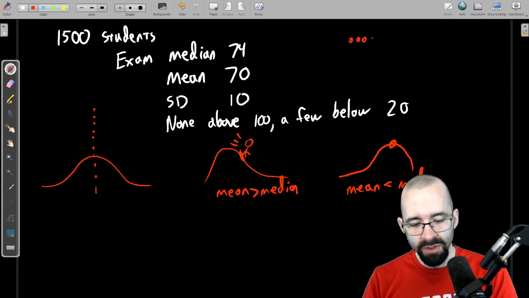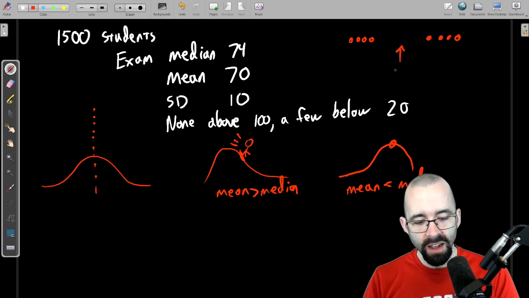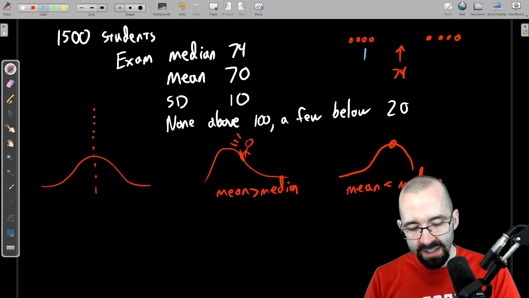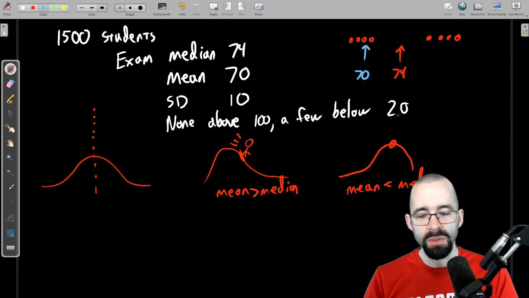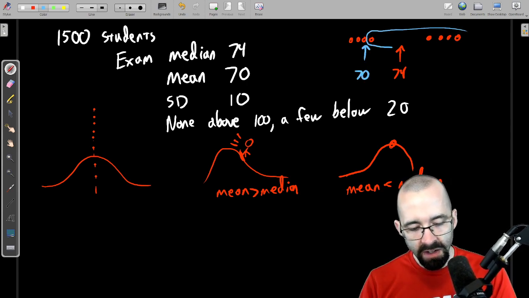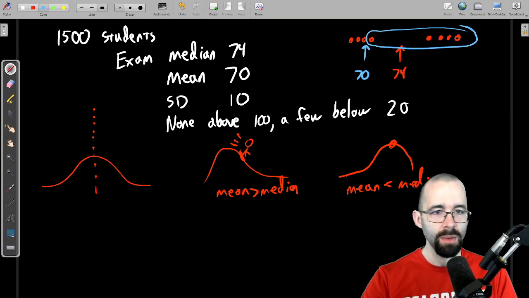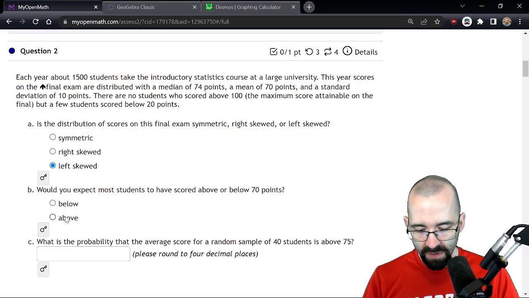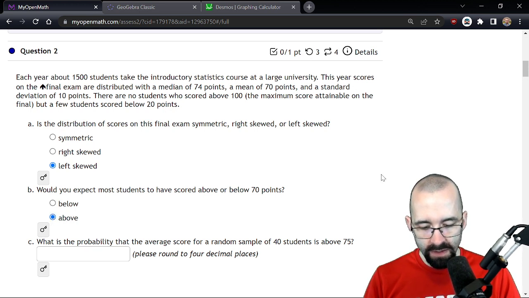If you think of, half are on the left of 74, half are to the right of 74. But the question is asking us, what about 70? What's bigger than 70? Well, more of them are going to be bigger than 70. It's a way to visualize it. All right. Just double checking in my head.